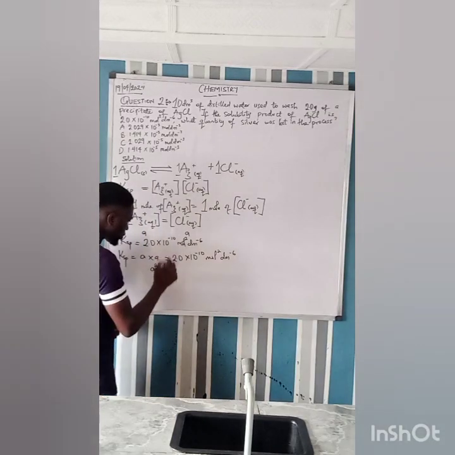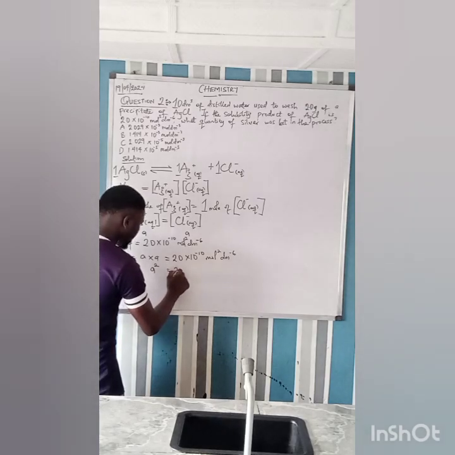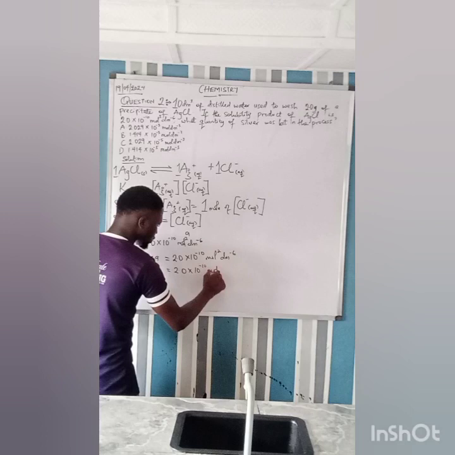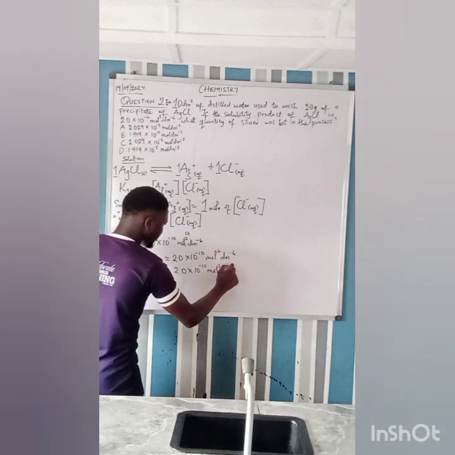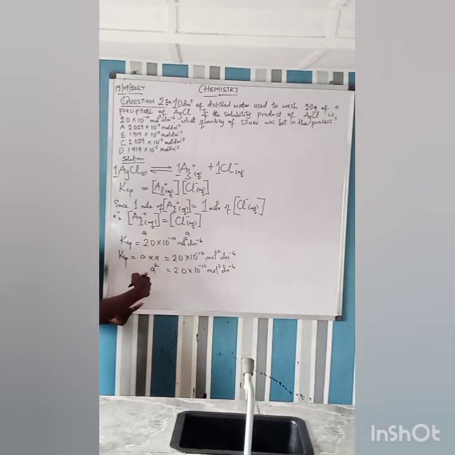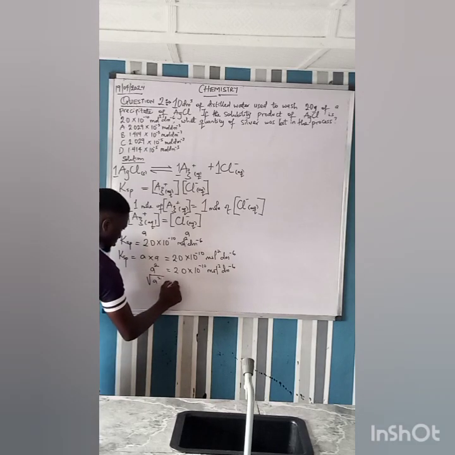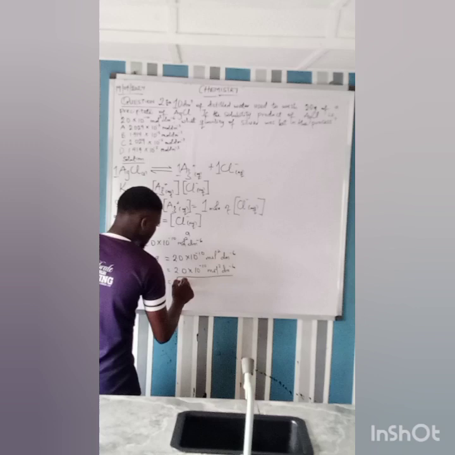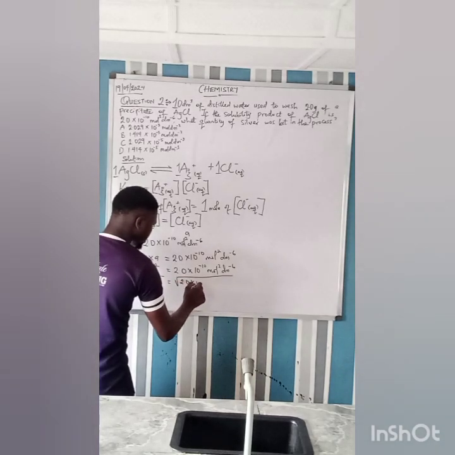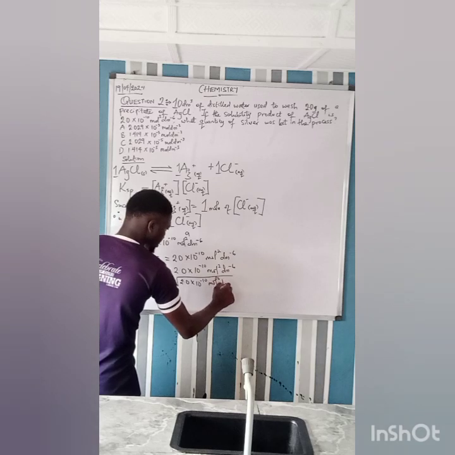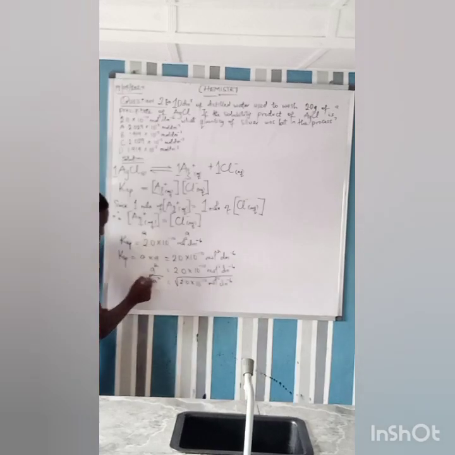So we have this 2.0 times 10 raised to the power of minus 10 mole squared per dm raised to the power of minus 6. To get our A now, we have to find the square root of both sides. The square root will cancel the square.